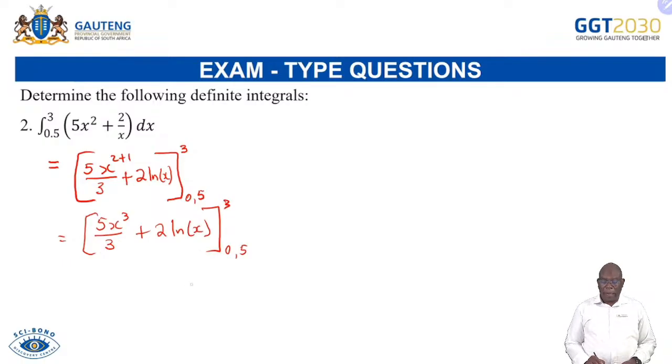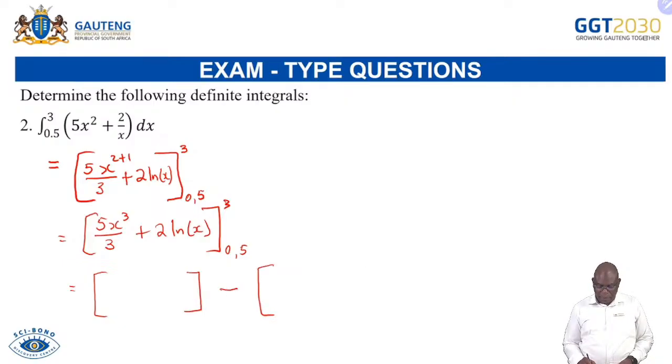Okay. Now, what is the next step? Very important. You go there and do 2 brackets, subtract that bracket. Okay. The first one is the 3. I substitute by 3. So I will have 5 into 3 cubed all over 3 plus 2 ln 3.